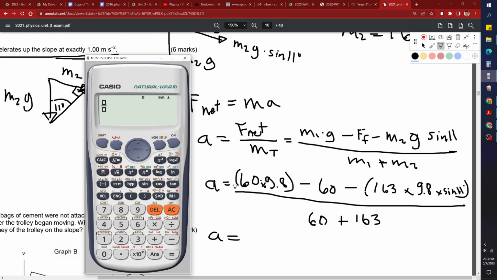So I'll use my fraction key, plug this in, 60 times 9.8 minus 60 minus 163 times 9.8 times sine 11, and we'll just close this off in case it gets funky here. Go down, put these two together, 60 plus 163. Press enter, and you can see our acceleration is 1.